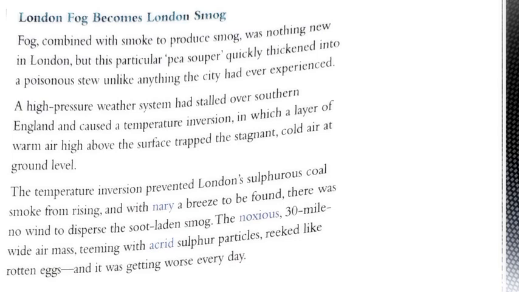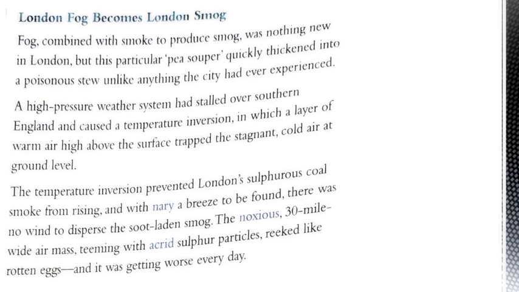The fog and smoke, when they combine, formed smog, as I told you. For the learners this is nothing new. But why did they fear? They feared the yellowish brown smoke, that is pea soup.